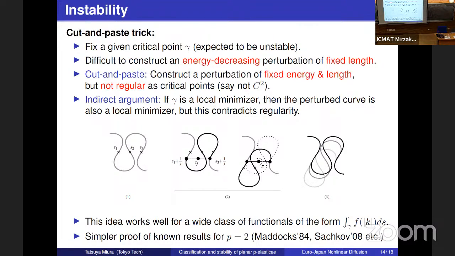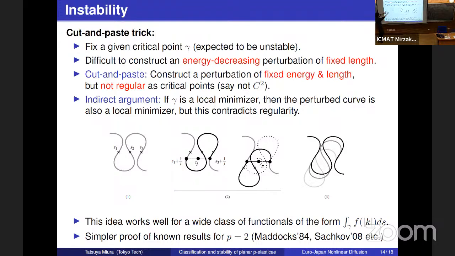Because if we assume that the given curve is a local minimizer, and we construct this kind of fixed energy and length perturbation, then the perturbation itself is also a local minimizer. Because in the neighborhood, if it has the same energy as the local minimizer, then of course it is a local minimizer. So it must have the same regularity as the critical points. But if it does not have such regularity, then we obtain a contradiction. So in this way, the proof works.